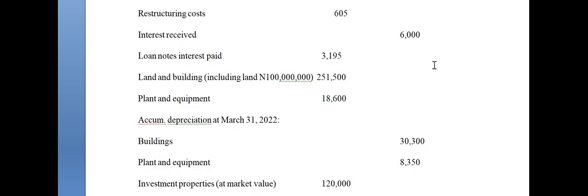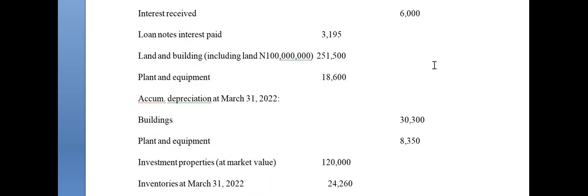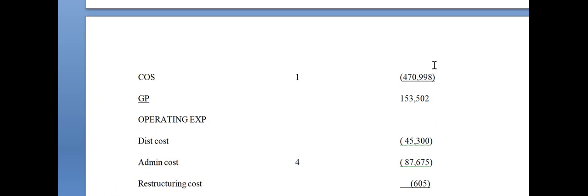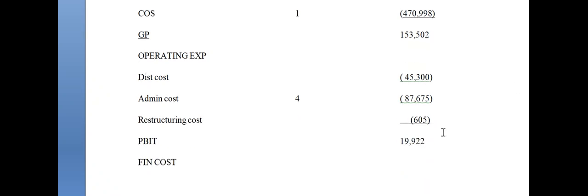Okay. This interest received, we are supposed to recognize it first as other income. Let's quickly recognize that 6,000 as other income first.